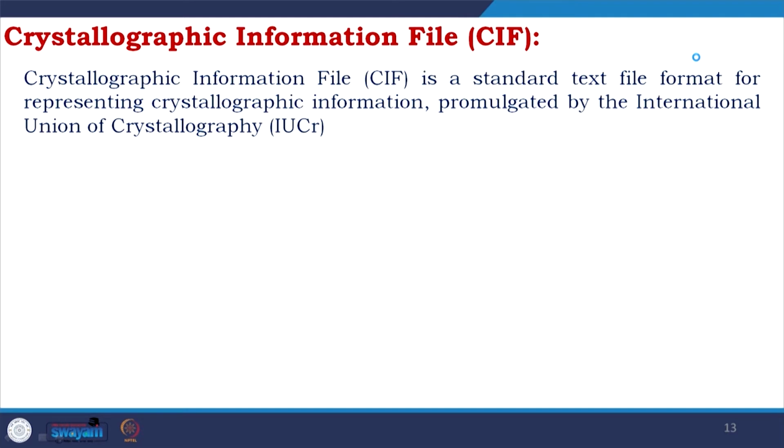As I told, all those standard files which are used globally, they have some universal rules behind them, and for the crystallographic information file, the rules are made by the International Union of Crystallography, the IUCr.